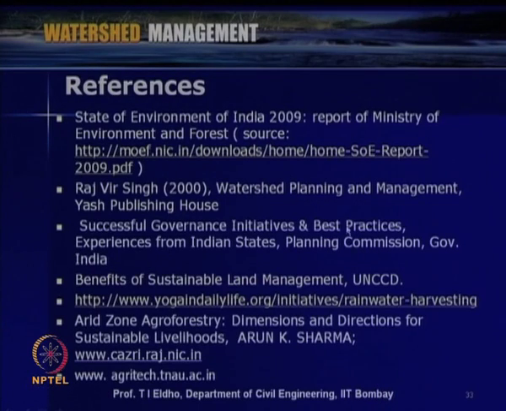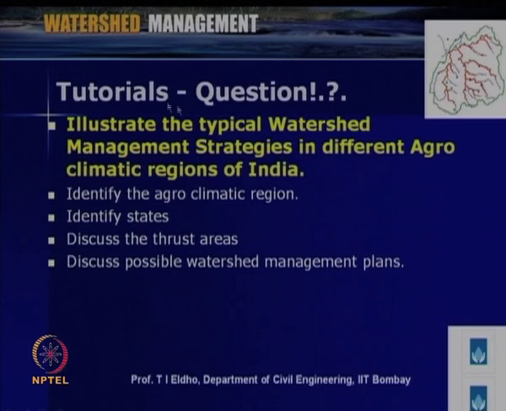Some of the important references used in today's lecture are listed here. Before closing, one tutorial question related to today's lecture: illustrate the typical watershed management strategies in different agroclimatic regions of India. We have seen different agroclimatic regions of India in an earlier lecture also.